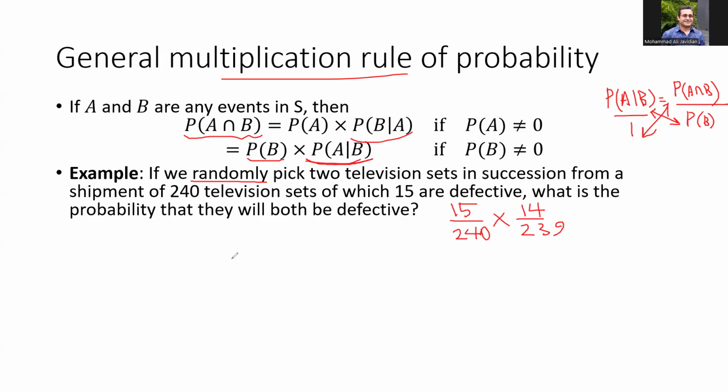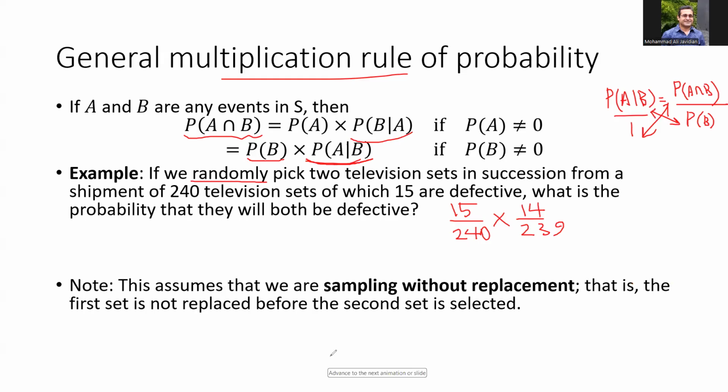And here there are a couple of assumptions that we made. The first assumption is, when I pick the first TV randomly, I do not replace it. So it's called sampling without replacement. That means when you pick the first one, the second one is picked from the rest of them. So you do not replace the first one in the sample space.